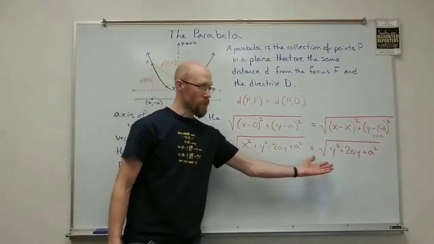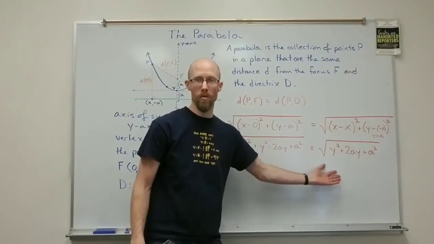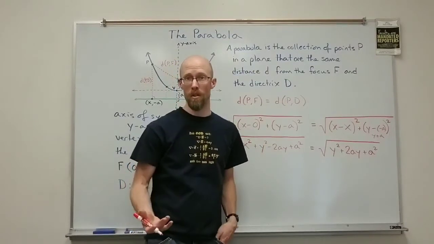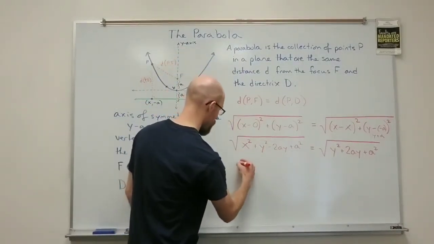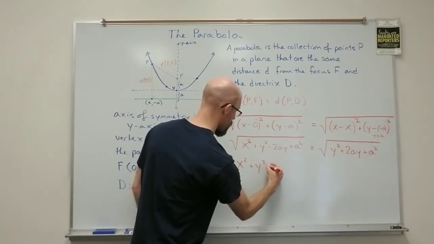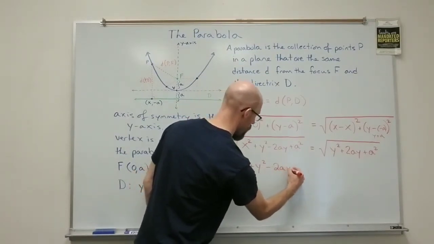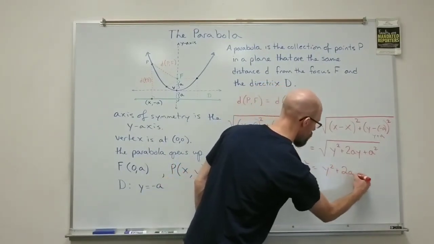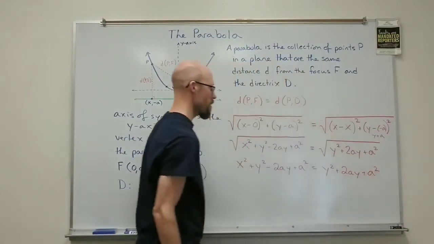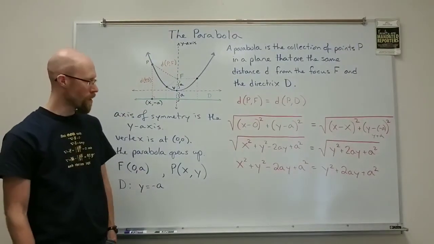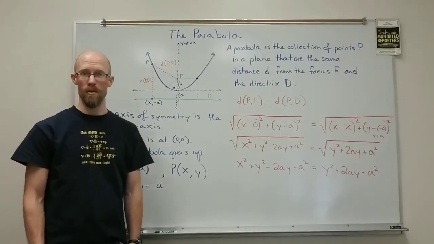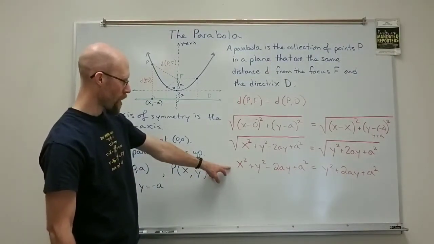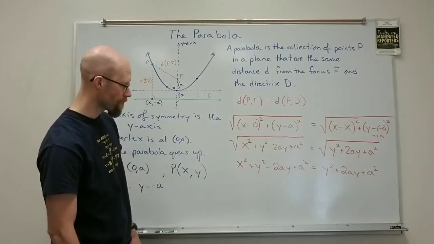Now this is an equation, so I can use properties of equality to work with this. First of all, I could square both sides, and that'll get rid of the root, which is very nice. So I end up with x squared plus y squared minus 2ay plus a squared equals y squared plus 2ay plus a squared. That's just squaring both sides. Then I'm going to try to group some things together here.